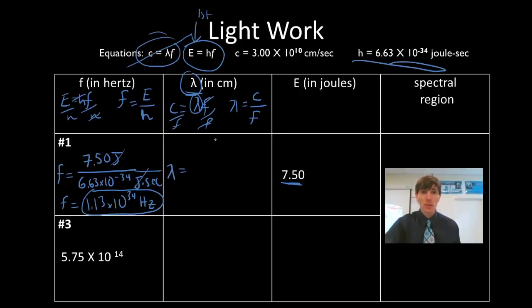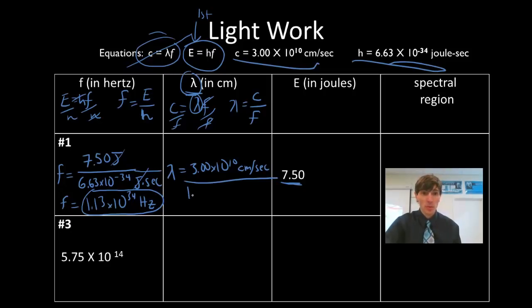Wavelength is equal to the speed of light. I look at my constant value up here, 3.00 times 10 to the 10th centimeters per second. And I'm going to divide that by my frequency. My frequency, we solved it.